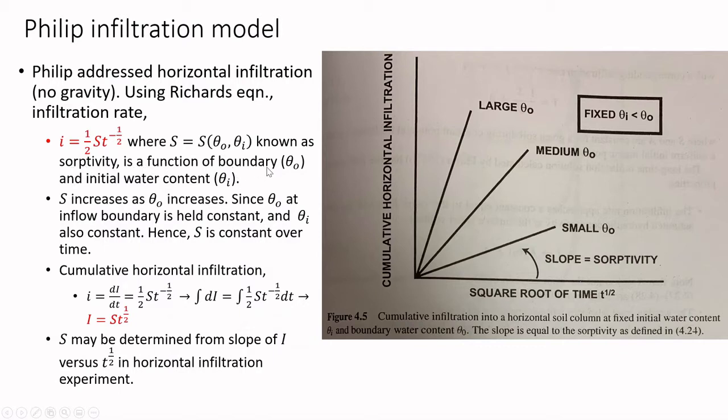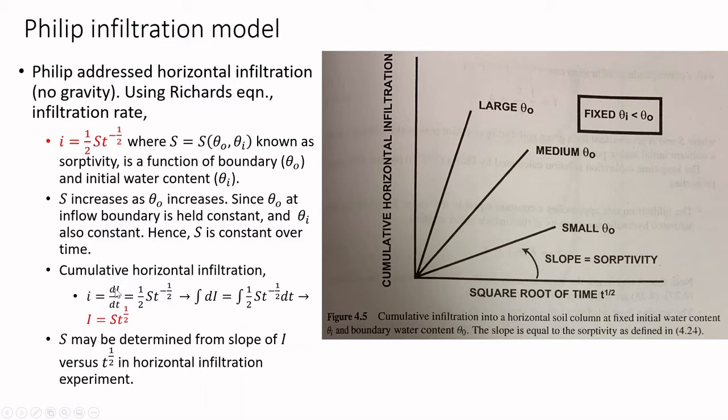It's a function of the boundary water content theta naught and the initial water content theta I. So s increases as theta naught increases. If you have incoming water at a higher water content, s will increase. Since theta naught at the inflow boundary is held constant and theta I is also constant, s is constant over time.